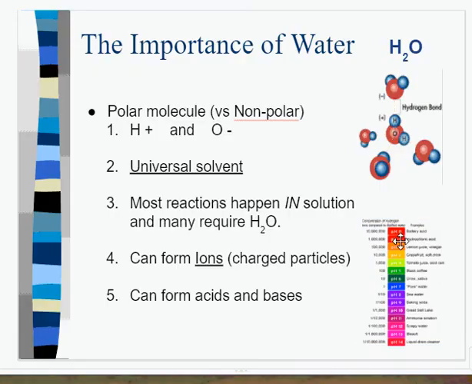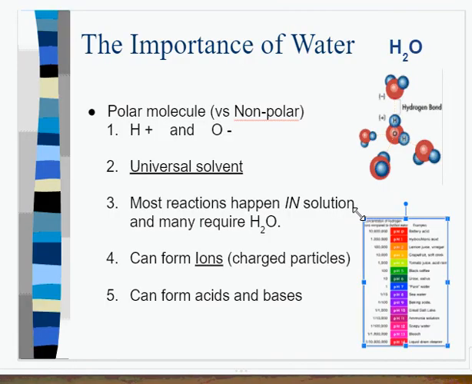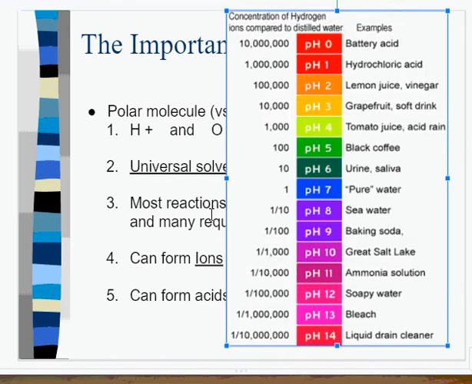All right, and that's with the pH scale. The pH scale runs from 0 to 14, 0 being very, very acidic, and 14 being very, very basic. And smack dab in the middle is pure water. Pure water has a pH of 7.